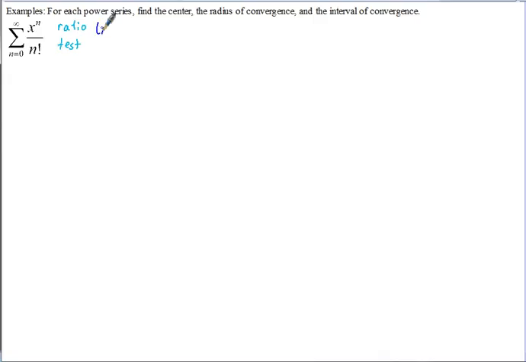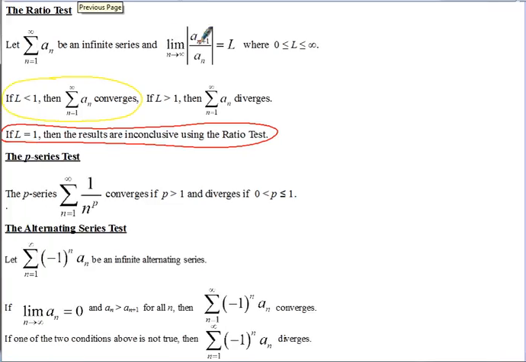And that's the limit as n approaches infinity of the absolute value of a sub n plus 1, if you look right back here, divided by a sub n, in absolute value. And that equals some limit there. In this case, since we're going to want it to converge, we're going to make that less than 1.